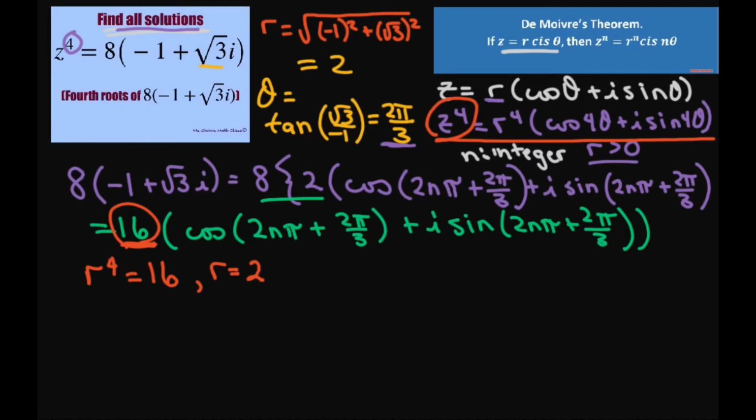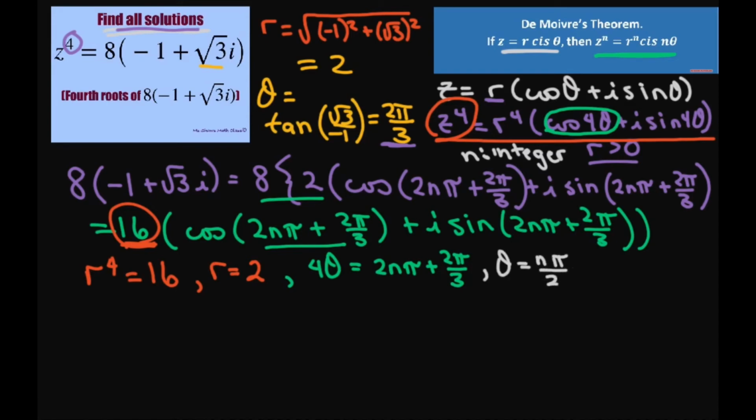And now we have to match up these angles. So basically I have 4 theta equals 2n pi plus 2 pi divided by 3. Therefore, if I divide both sides by 4, I'm going to get theta equals n pi divided by 2 plus pi divided by 6. Now my common denominator is 6, and if I factor out a pi, this is going to be (3n plus 1) times pi divided by 6.